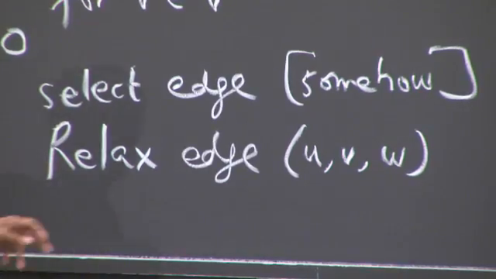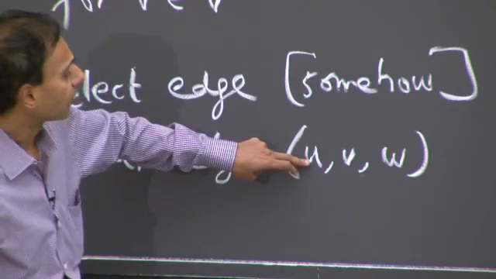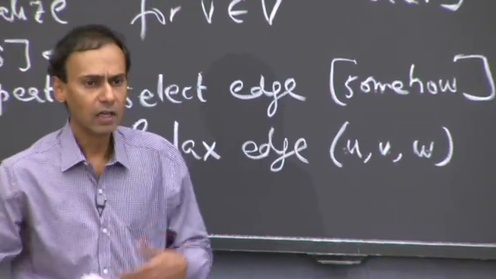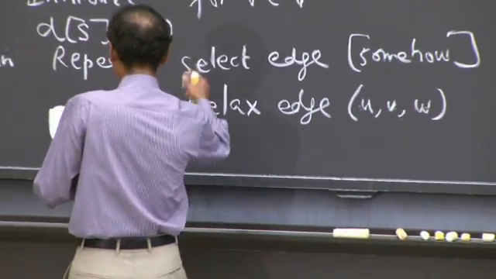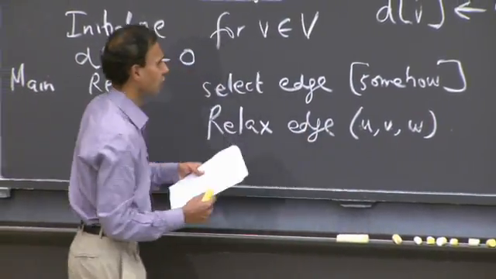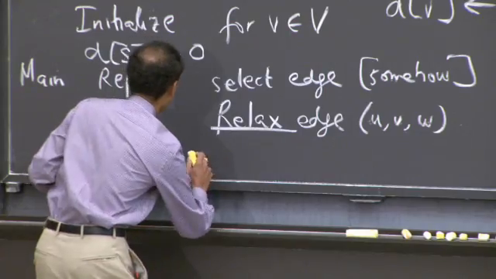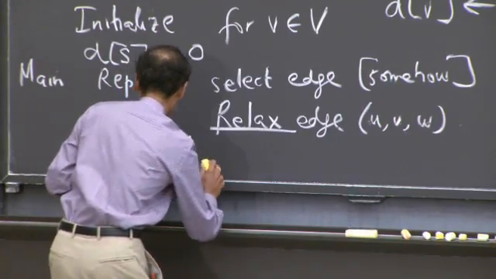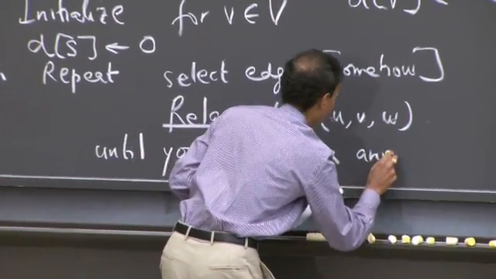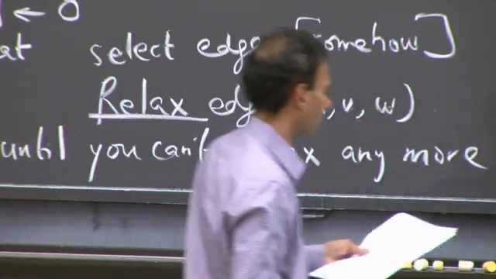I won't bother writing it out right now, but it's basically something where you look at the value of dv, and if dv is greater than du plus the weight, you relax the edge. And you keep doing this. The other thing that you do in the relaxation is to set the predecessor pointers to be correct, and that's part of the relax routine. And you keep doing this until you can't relax anymore. All right? So that's our generic shortest path algorithm.